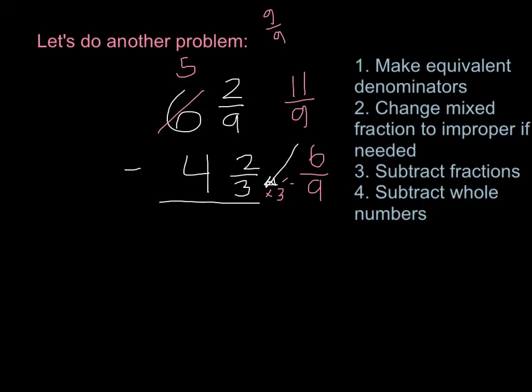So now my new problem reads 11/9 subtract 6/9, and your answer is going to be 5/9. Next, I'm going to do 5 subtract 4 equals 1. So my answer is going to be 1 5/9.